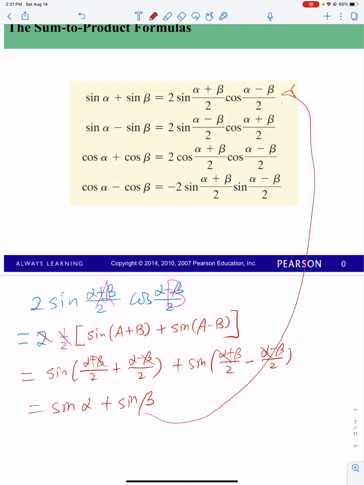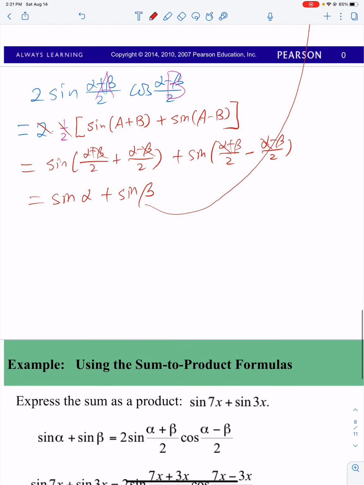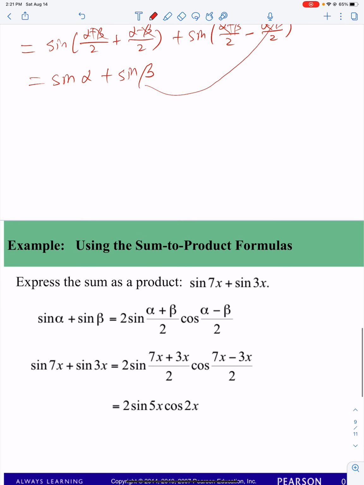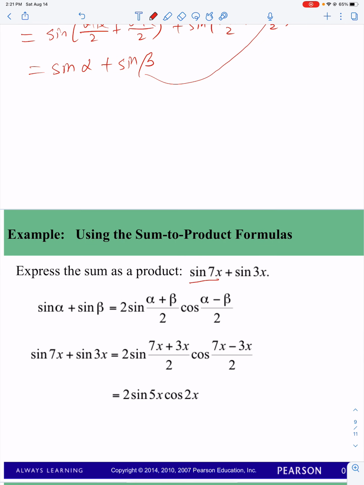Then you can use the product to sum formulas to find the rest of them. For sine plus sine, what does this equal? 2 sine of alpha plus beta over 2 times cosine of alpha minus beta over 2. Then you do it slowly and you will get the answer.